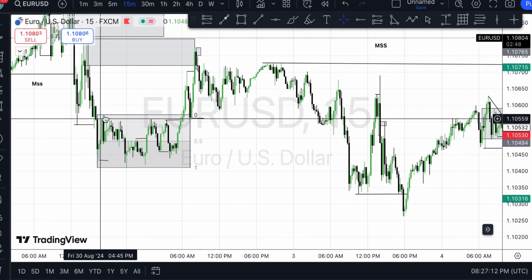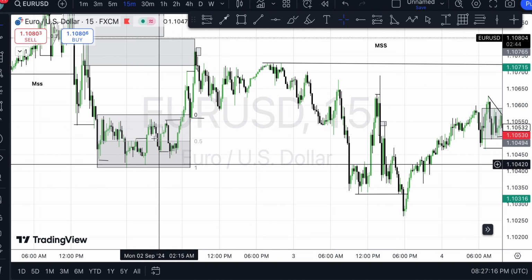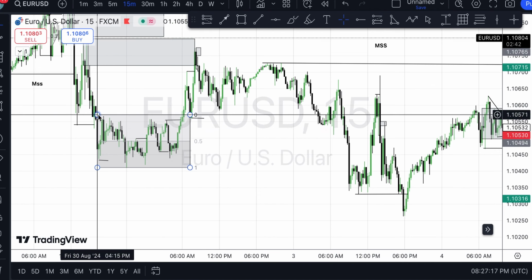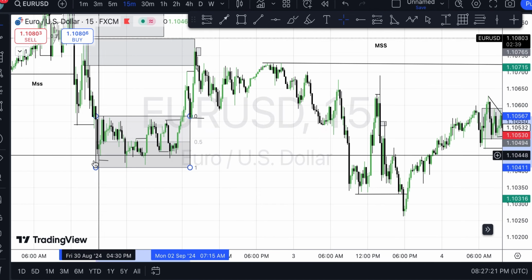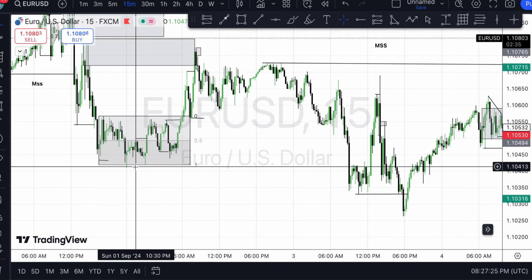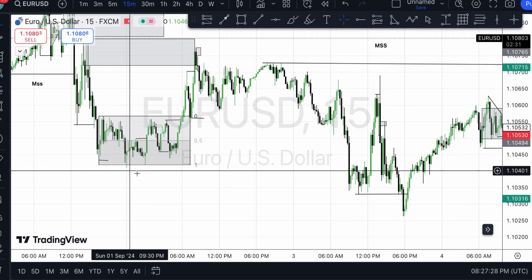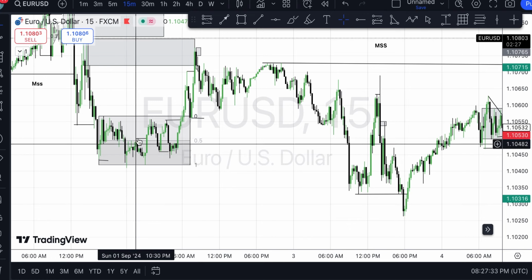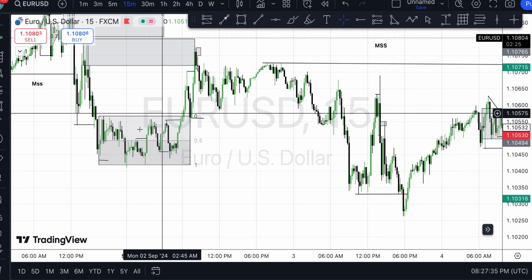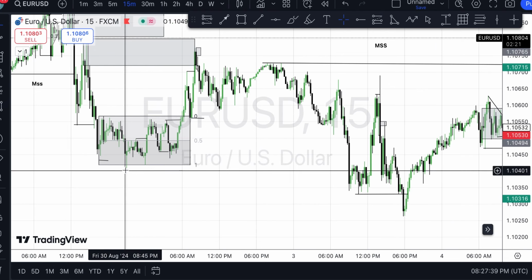So you can see this price was ranging around this zone, just doing this thing for some time, before it was able to break it. Price broke below here, pretending as if it wanted to come down, but it quickly reversed inside, and then it was still doing the same thing, creating almost equal highs and equal lows.